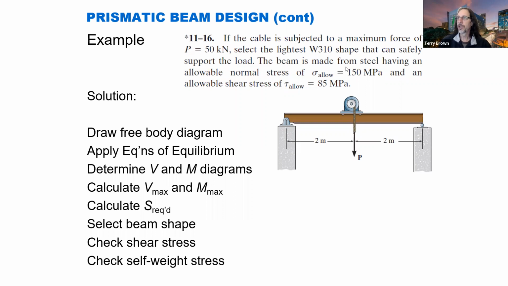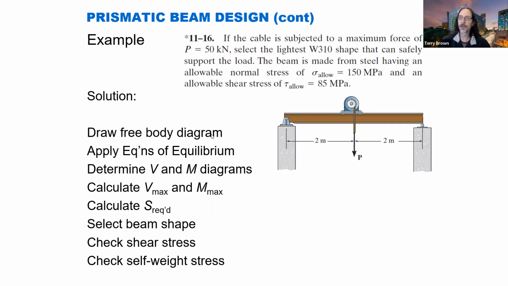And chosen to be made from steel, which is usual for this kind of design. So, given the type of steel, we've got an allowable stress. All right, so now we need to determine the size of beam that we want.